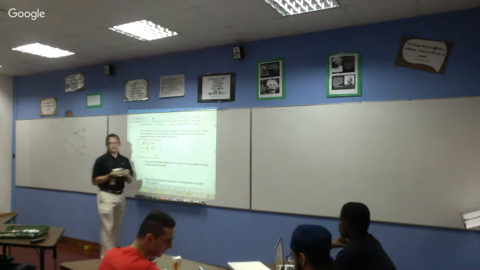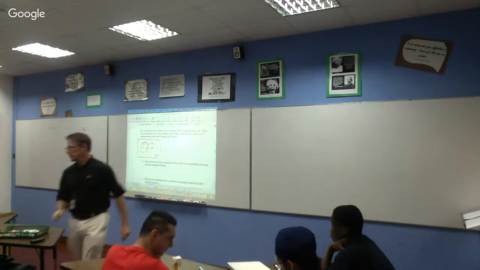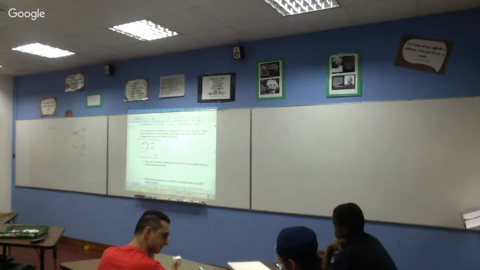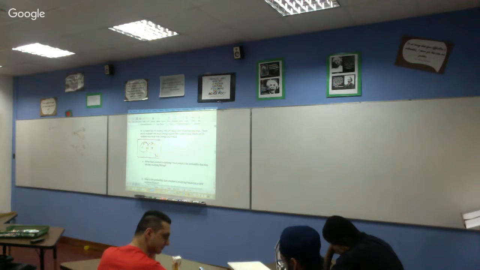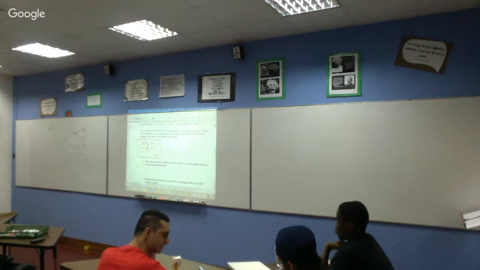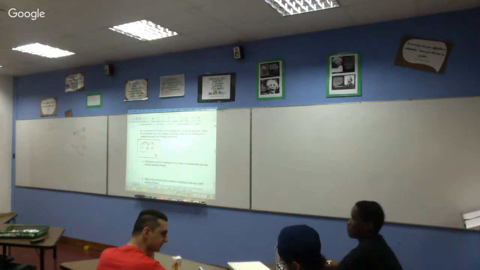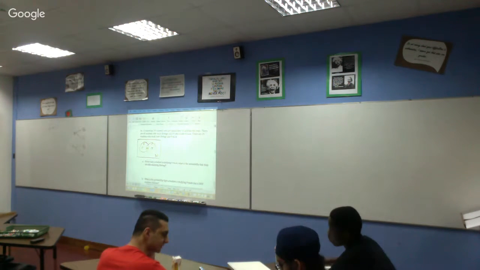I said 70, it should only be 80, sorry. Good catch. I was 10 off, sorry. 95 minus 15 is only 80, not 70. That doesn't change your probability for part A.